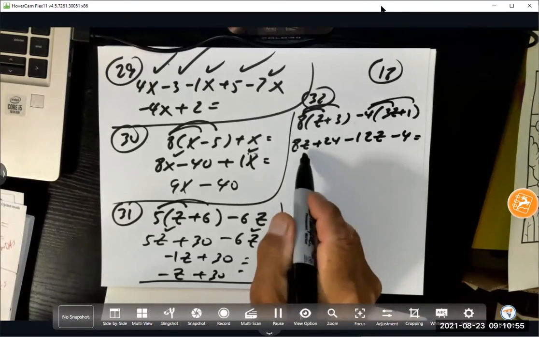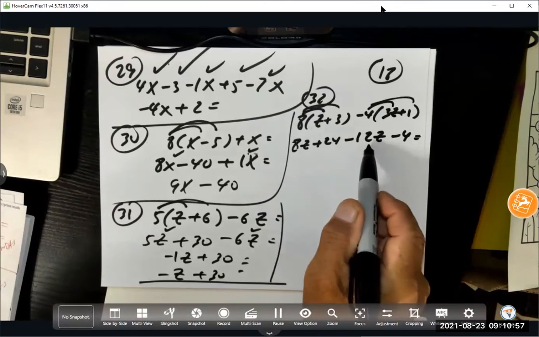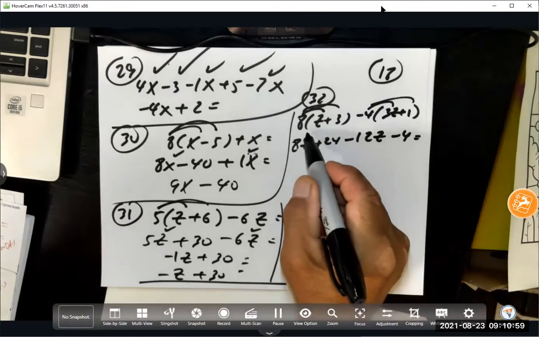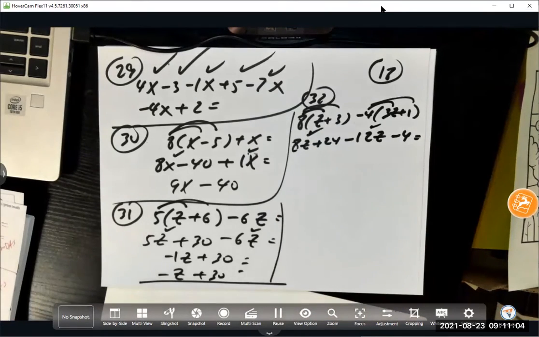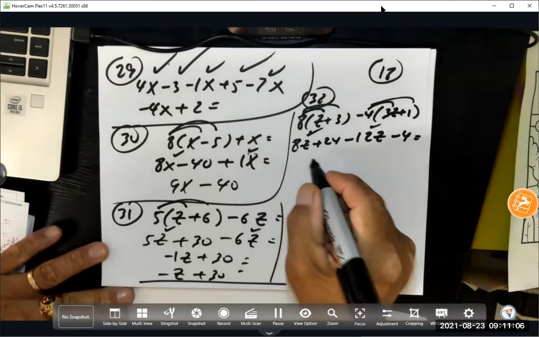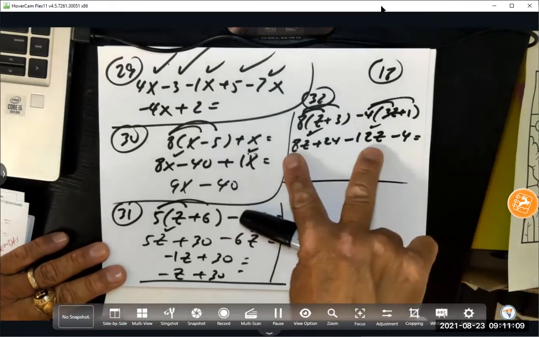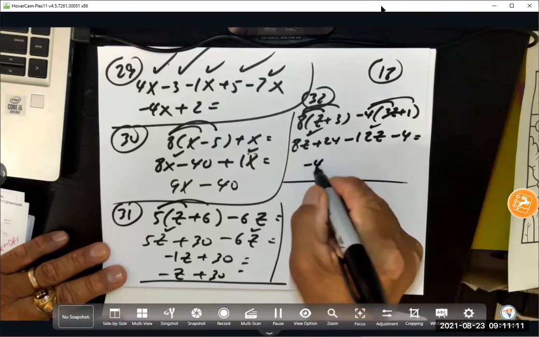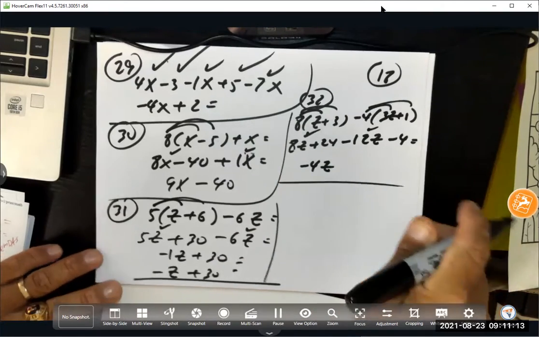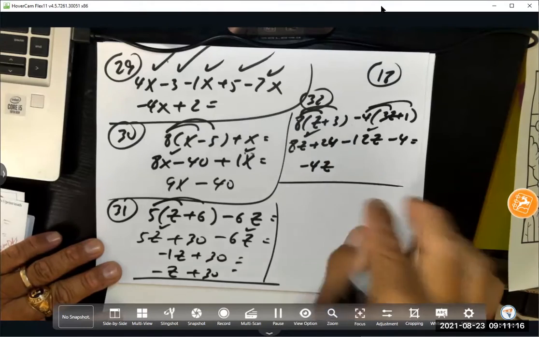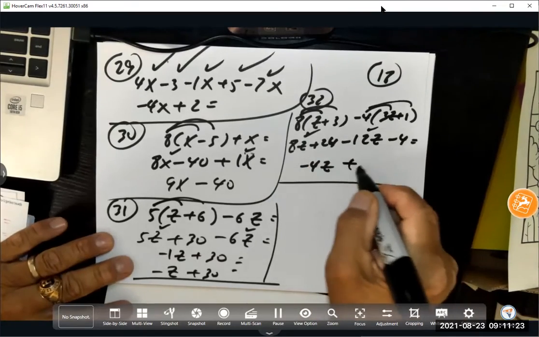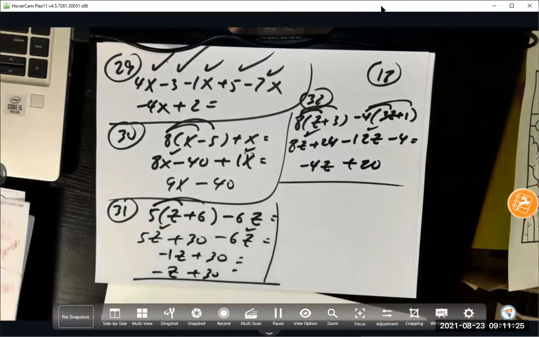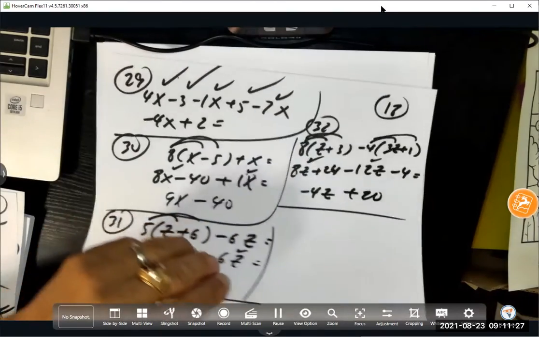So now I have 8z, 24, minus 12z, minus 4. Now the first check mark and the first check mark. What is that together? Negative 4z. Yeah, there you go, negative 4z. And the last numbers, the 24 and the minus 4, how much is that? Positive 20. Yeah, that's it, positive 20. Okay, got it. Let me go to the next one, okay?